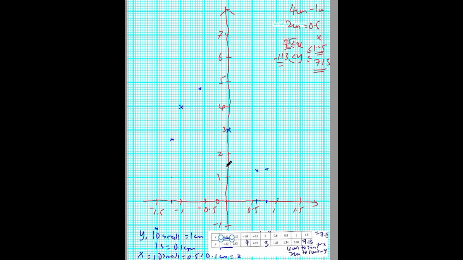Then we have 1 and 2. And then we have 1.5 and 7.13, or near to 7.15, in between 7.1 and 7.2. So we have 7 here, 7.15.